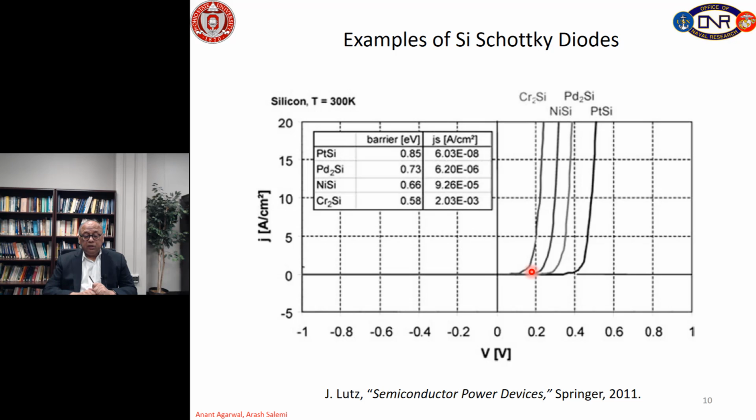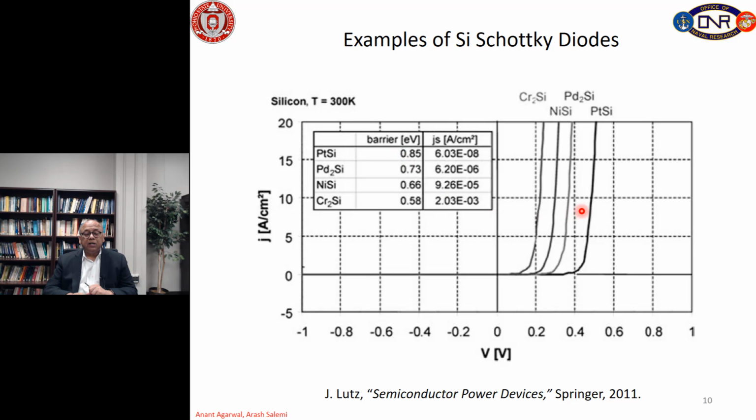This figure has been taken from this textbook. You can see we have studied, they have shown the results from different metal silicides, platinum silicide, palladium silicide, nickel silicide, and chromium silicide, which have different barrier heights.